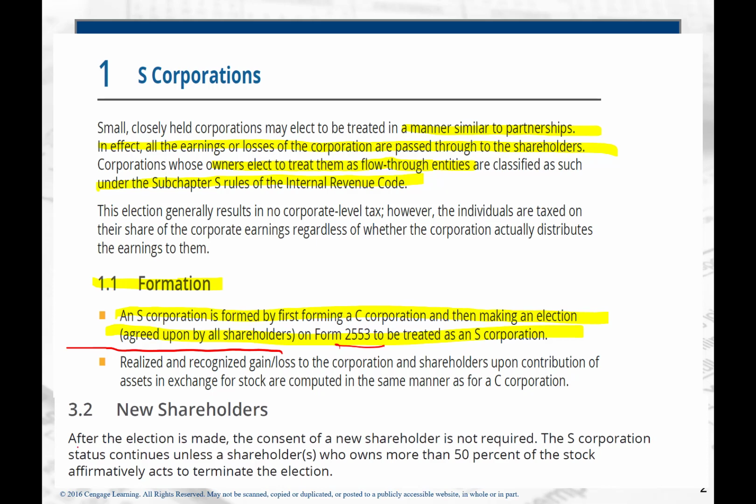Okay. Now, after the election is made, if we add shareholders after that, they do not have to approve that. Once we get into the S corporation status, we can stay there, and we don't have to keep getting consent of new shareholders as they come along.